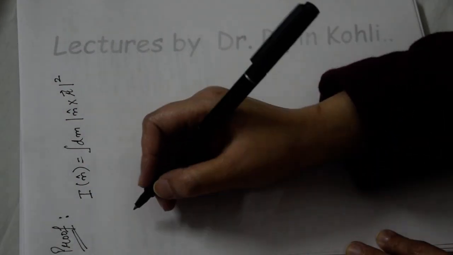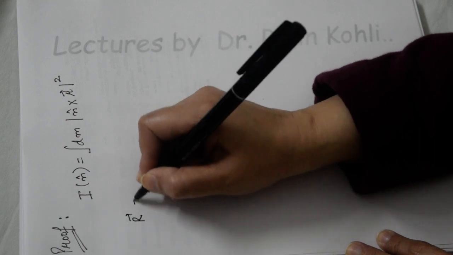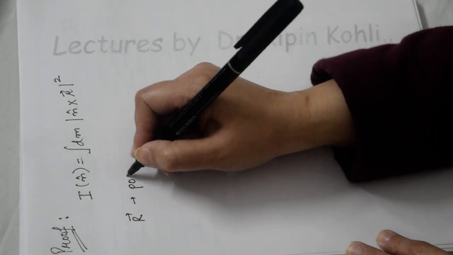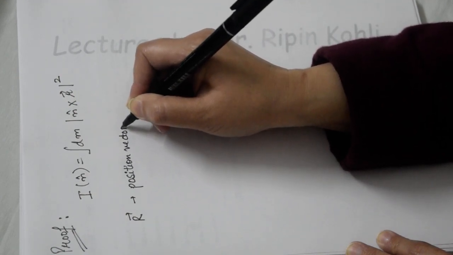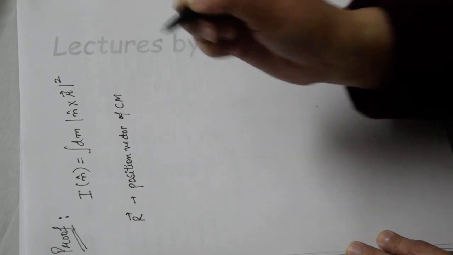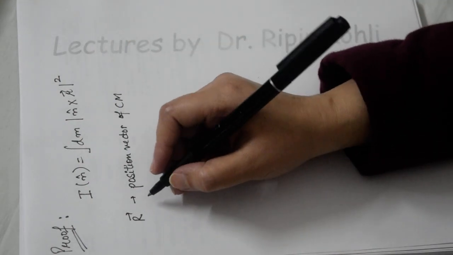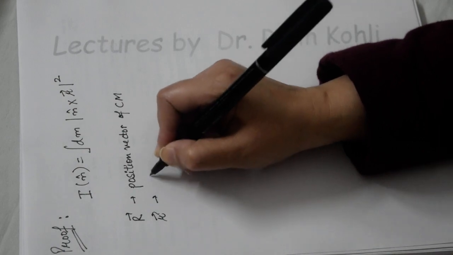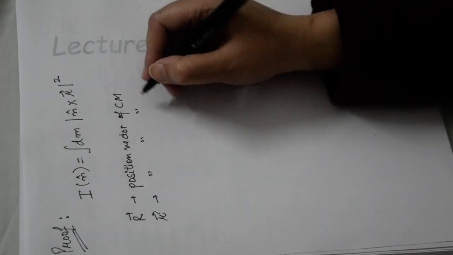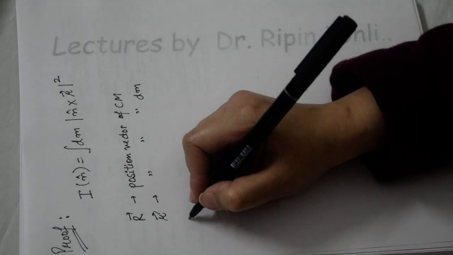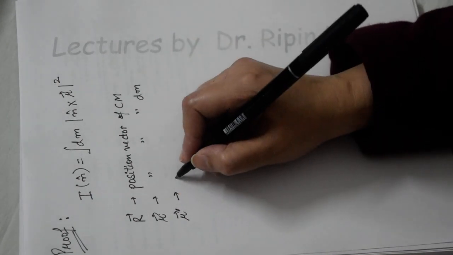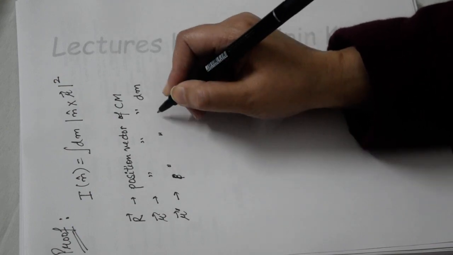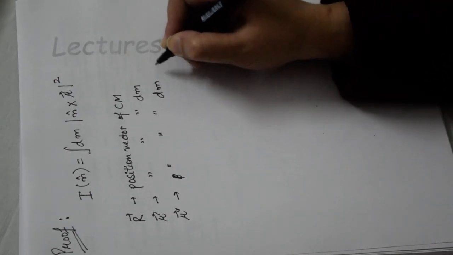Here I have considered capital R as the position vector of the center of mass, and small r as the position vector of dm, and r dash as the position vector of dm with respect to the center of mass.